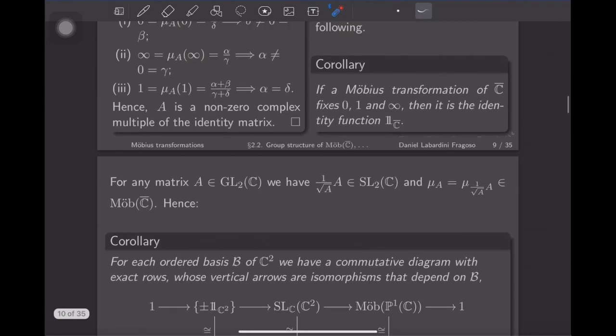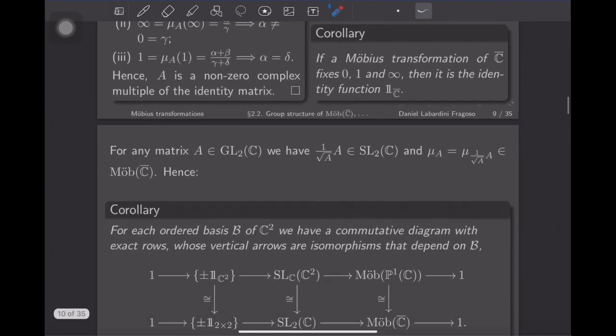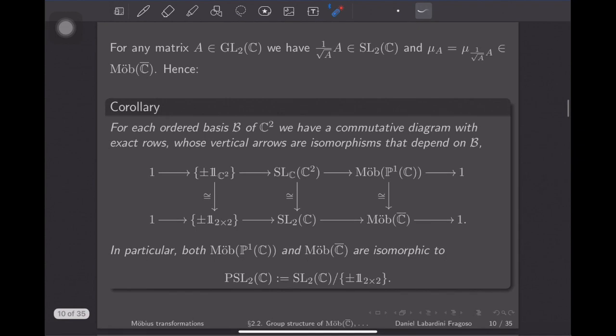Now, the next result has to do with trying to still obtain all Möbius transformations, but with a smaller group. Okay, and this smaller group is just the matrices of determinant 1. Okay.